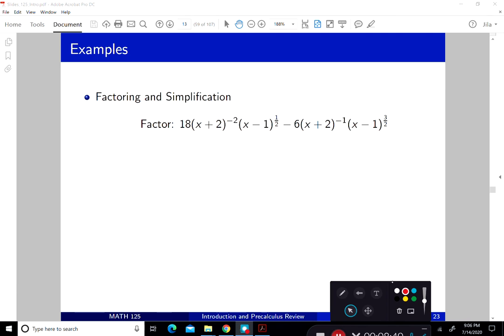Over here I have 18 and I have 6. 18 is 3 times 6, and so there's a common factor 6 between the two.